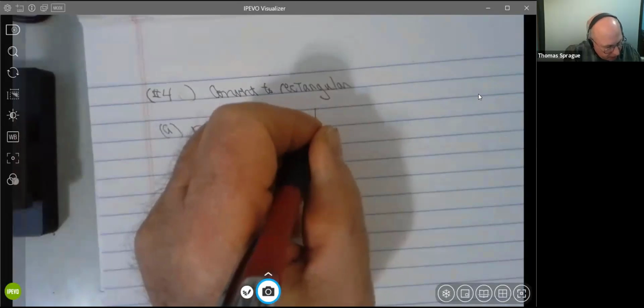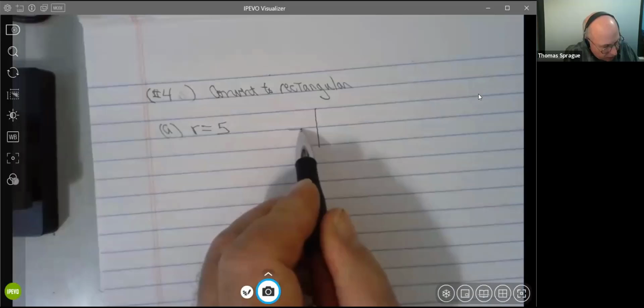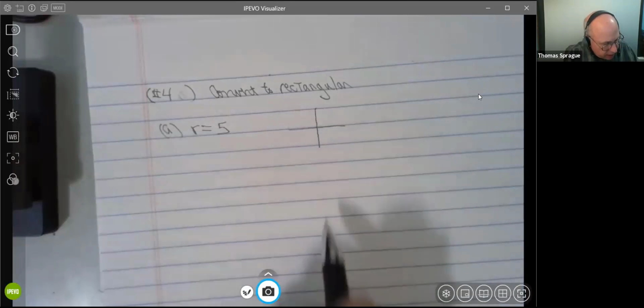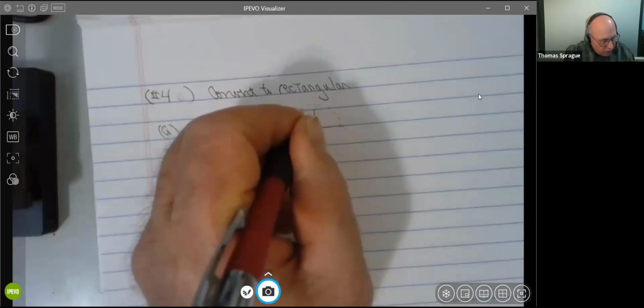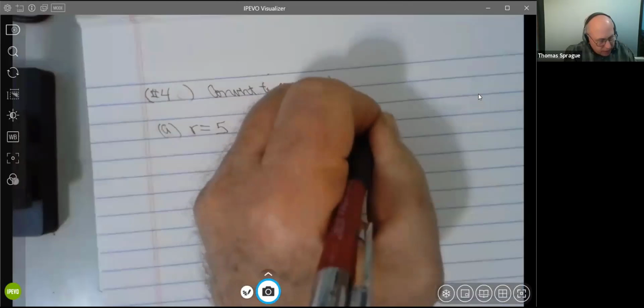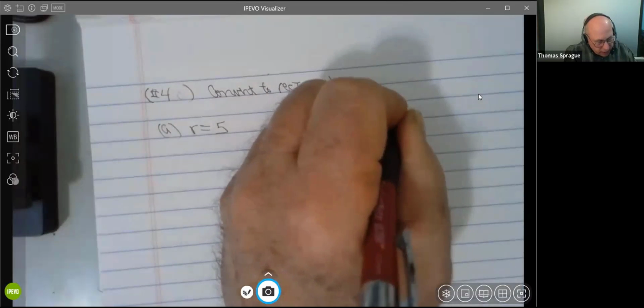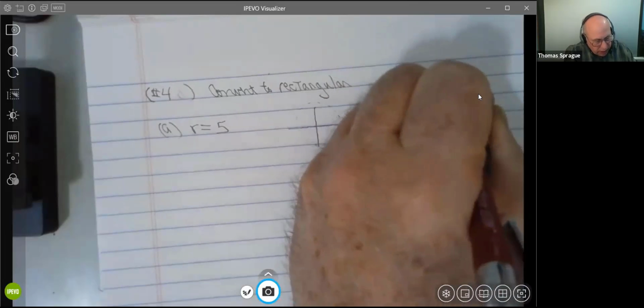Now, if you just think about all points that have a radius, they're at a distance of 5 from the origin, well, that'd be all the points around a circle that has radius 5. So circle, radius equals 5.